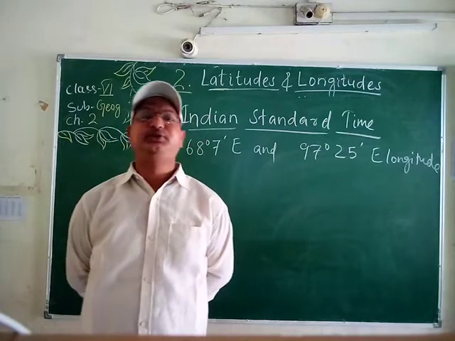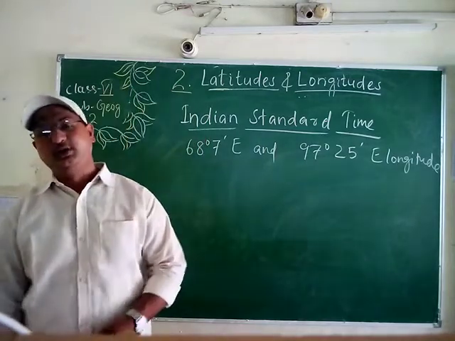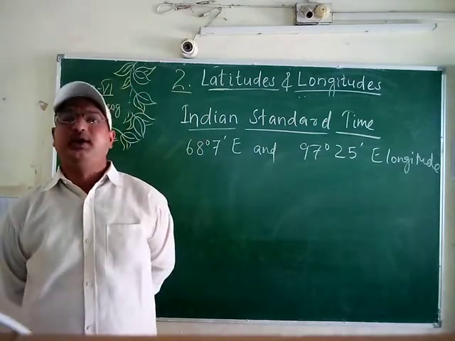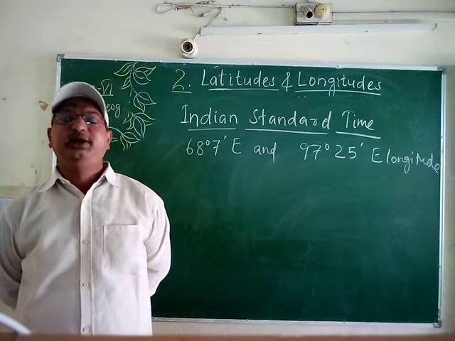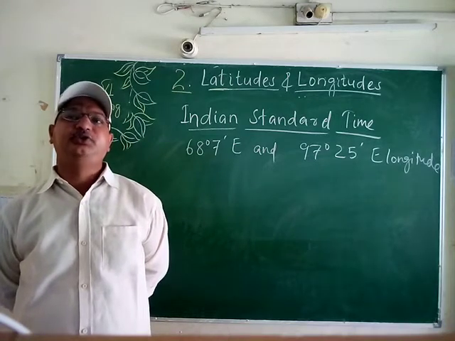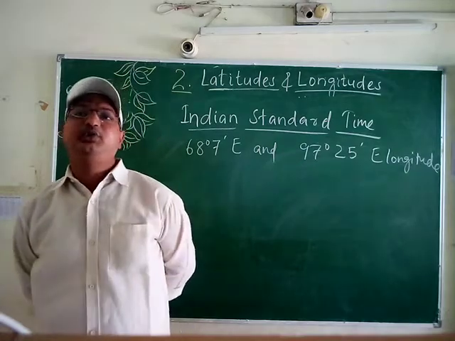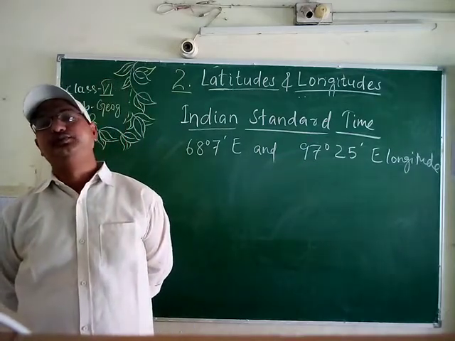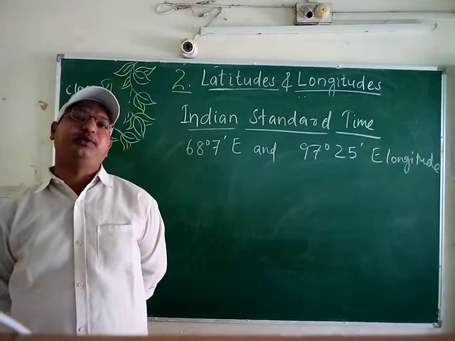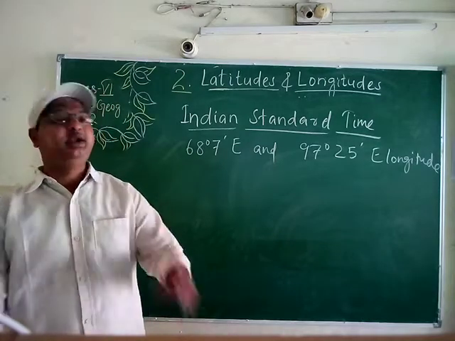Because it will cause a chaotic situation for the running of the trains and airways. The 82.5 degree east longitude passes almost through the middle of India. It was therefore decided to take it as a point of reference to fix the Indian Standard Time.